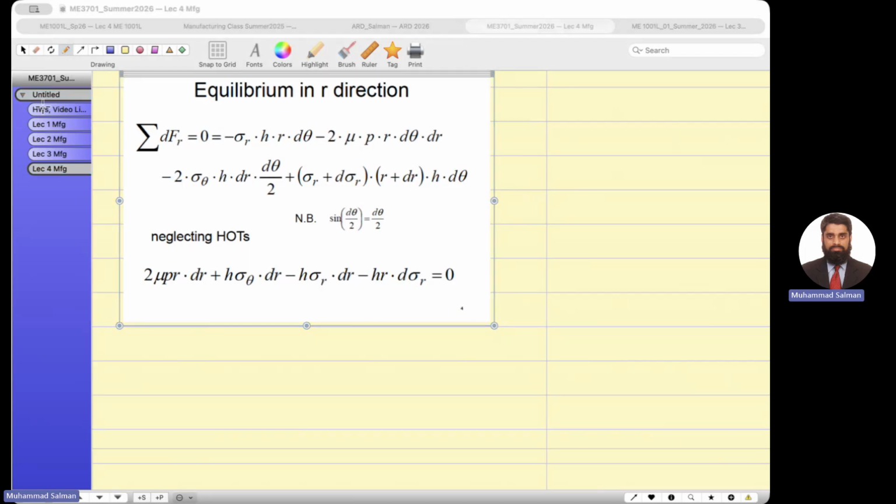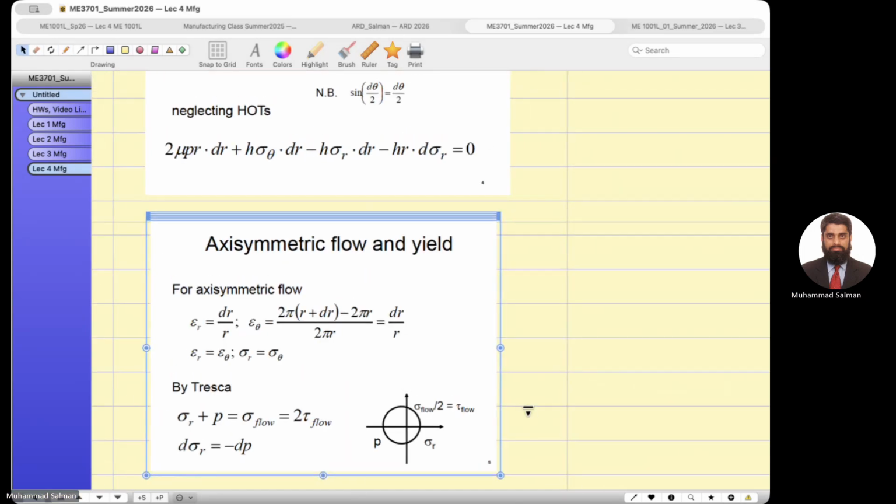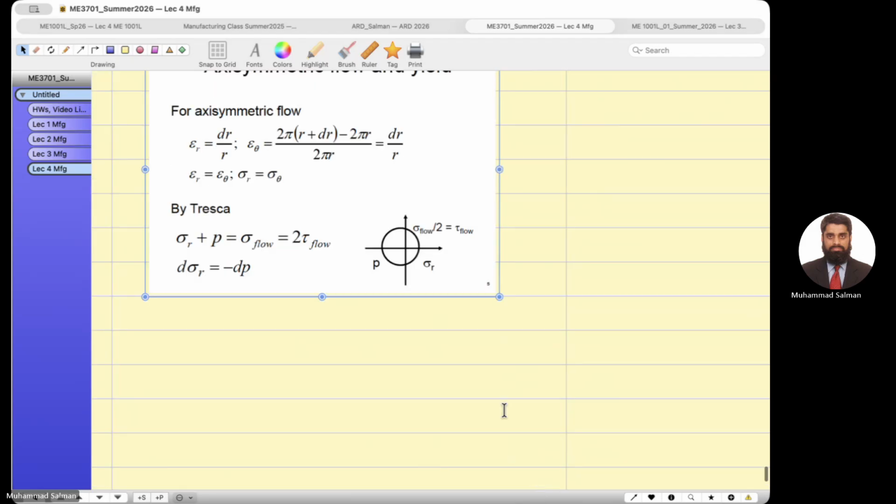And I want to show you the Mohr stress circle, the shear stress.